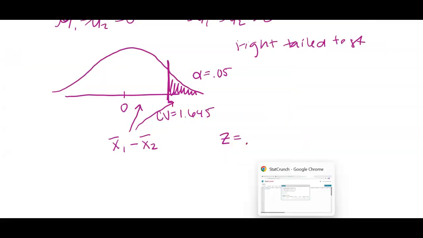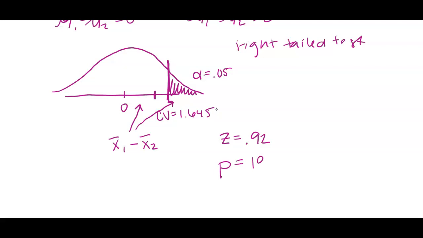So 0.92, so about 1 standard deviation away from the mean. Like that's where my sample difference is. The probability was about 18%, so I'm going to choose this one here. This is not less than an alpha level of 0.05.